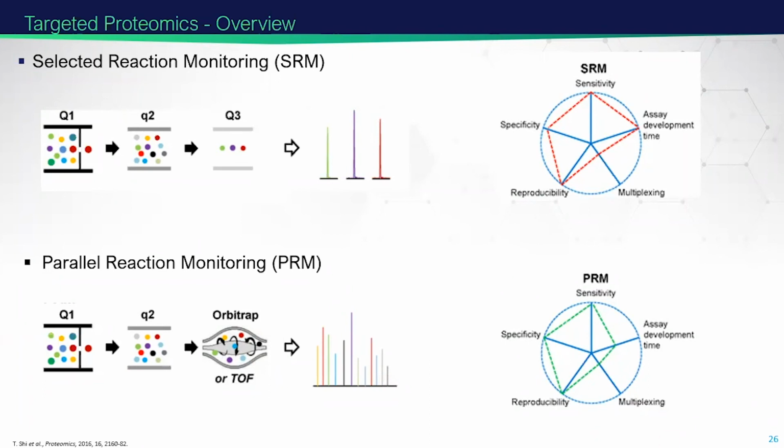But because PRM is scanning lots of fragments, the running time is longer for each peptide precursor ion. For multiplexing capability, meaning whether you can multiplex multiple peptides into one analysis, SRM is still better. So today we are going to mainly focus on the SRM-based approach for targeted proteomics.